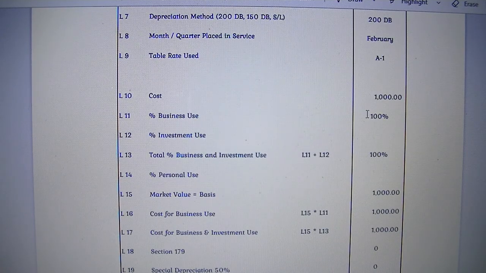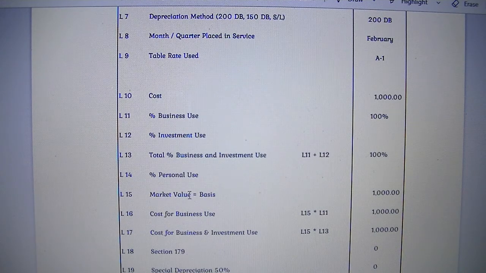So we are going to assume you use it 100% for business. You didn't even use it for investment, and you didn't use it for personal purposes. So the total percentage for business and investment use will be 100%.